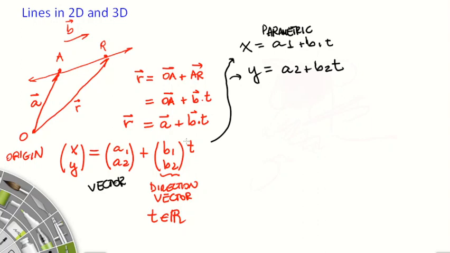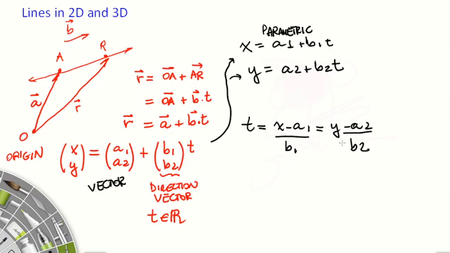Now, there's a third option. If we notice, we've got t in both equations, so we can rearrange those. We can express t in terms of everything else, so we can make t our subject. Here we would have x minus a1 over b1, and from the second equation, from y, we would get y minus a2 over b2.